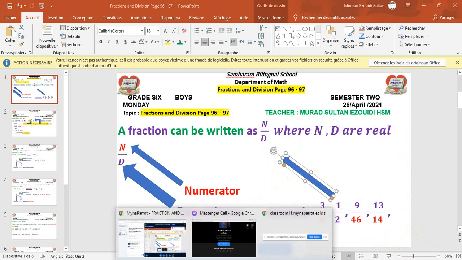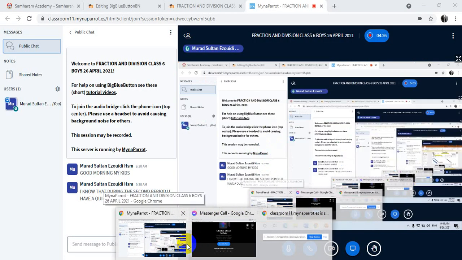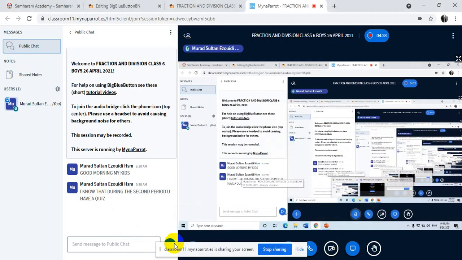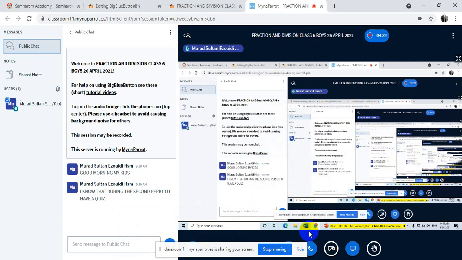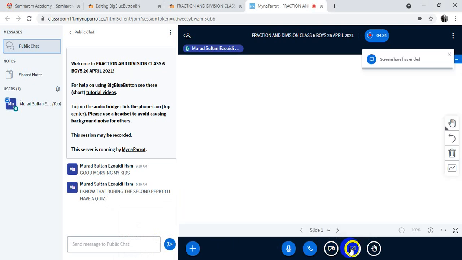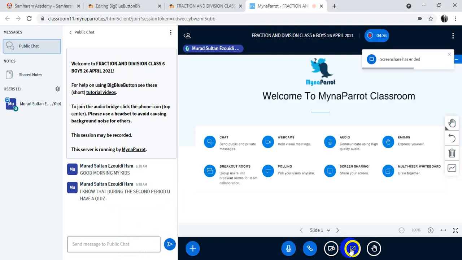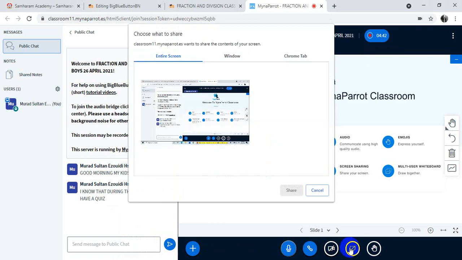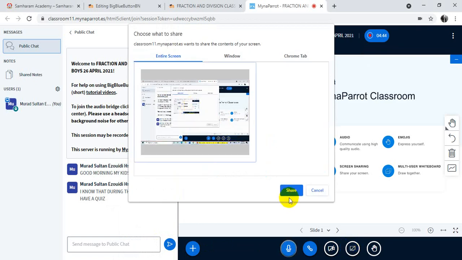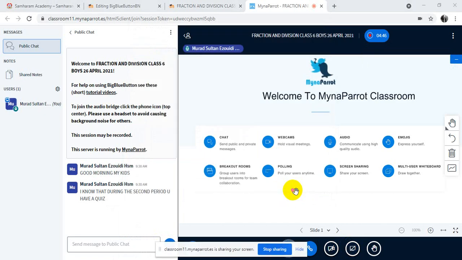I will just check if it is shared or not. Okay, I will share again. I will stop sharing, then I will share it again. Okay, to check if it's shared or not.